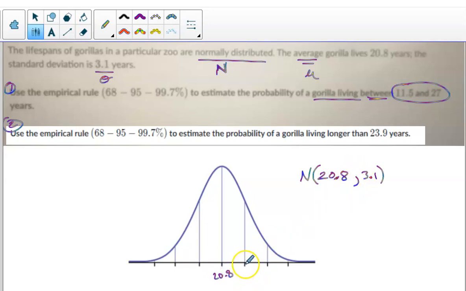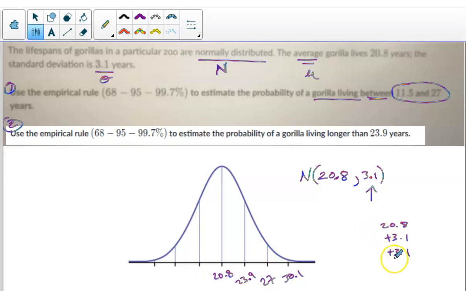Now, the first line is 1 standard deviation away, so then we use the 3.1. So let's do 20.8 plus 3.1. That should take us to the next value here, which is 23.9. Add 3.1 again for 2 standard deviations away. That should be 27, and then 30.1.